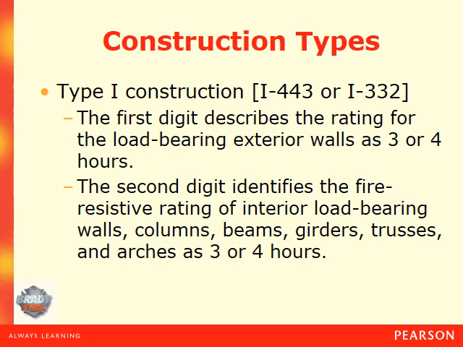When you're looking at type 1, 443 or 332, that is just a more in-depth measurement. The first digit describes the rating of the load-bearing exterior walls, 3 or 4 hours with fire impingement. The second identifies the fire resistance rating of the interior load-bearing walls, columns, beams, girders and trusses.